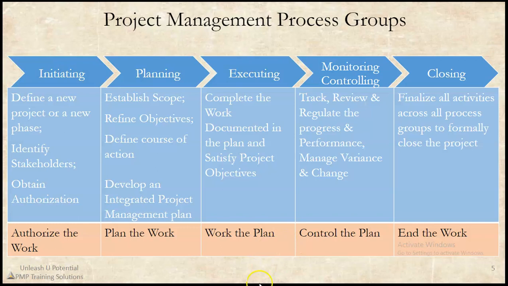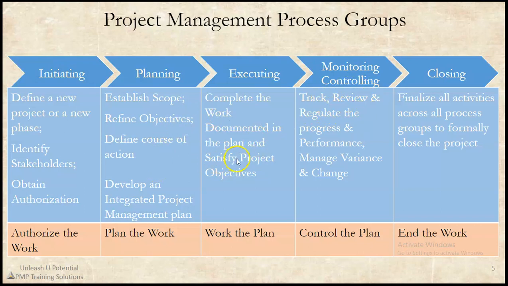So at the time of execution, is it really working the plan? That is a question mark. That is where we have monitoring and controlling processes. Monitoring and controlling processes track the project progress and performance. They review with respect to the plan.